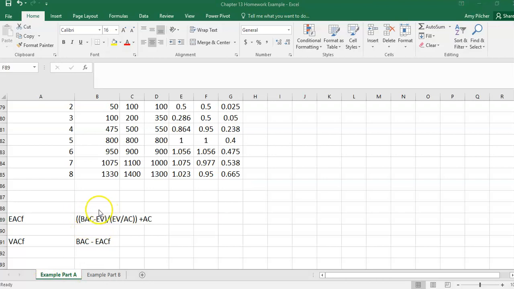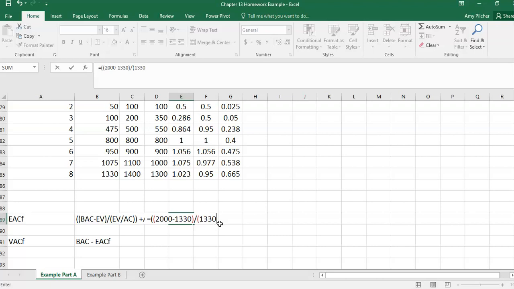The forecasted total cost at completion is our total minus our current estimated value, divided by the estimated value divided by cost, plus the actual cost. So when we put that into numbers, we're going to put in 2,000, so that's our BAC, minus our estimated value of 1,330, and then we're going to divide that by our estimated value of 1,330 divided by our actual cost of 1,400.